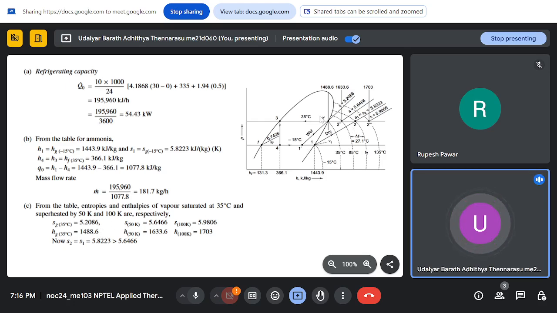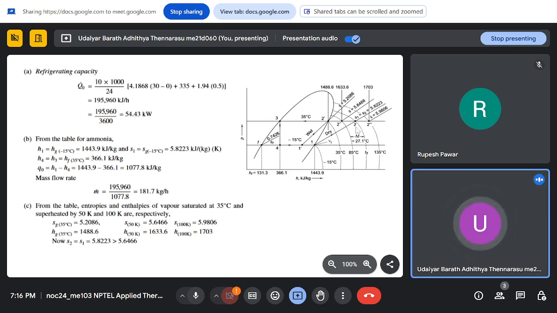Here it's given at 35, 50 and 100. So we need to do some interpolation there for entropy. Our requirement is the entropy of the inlet condition, which is 5.8223. So you have to interpolate between 50 Kelvin and 100 Kelvin superheat. So that is 85 and 135.